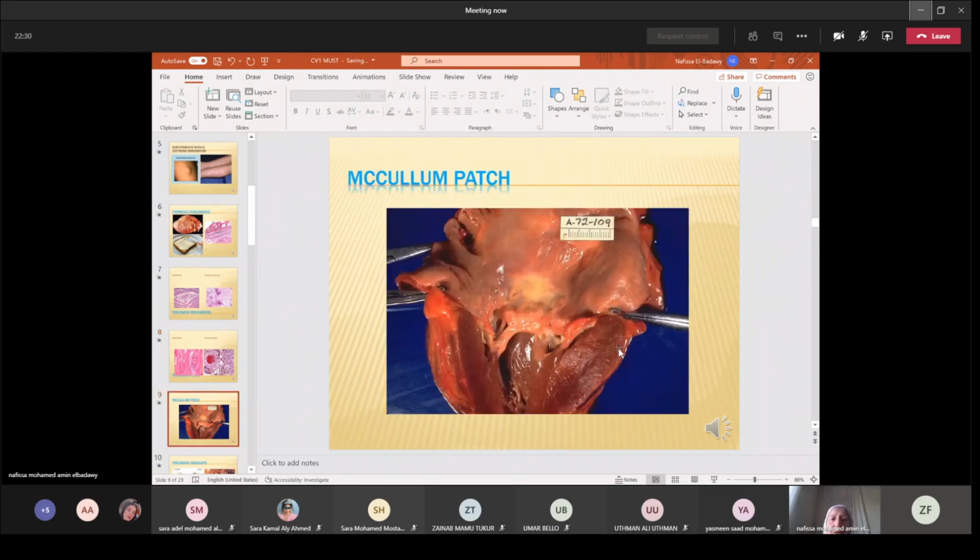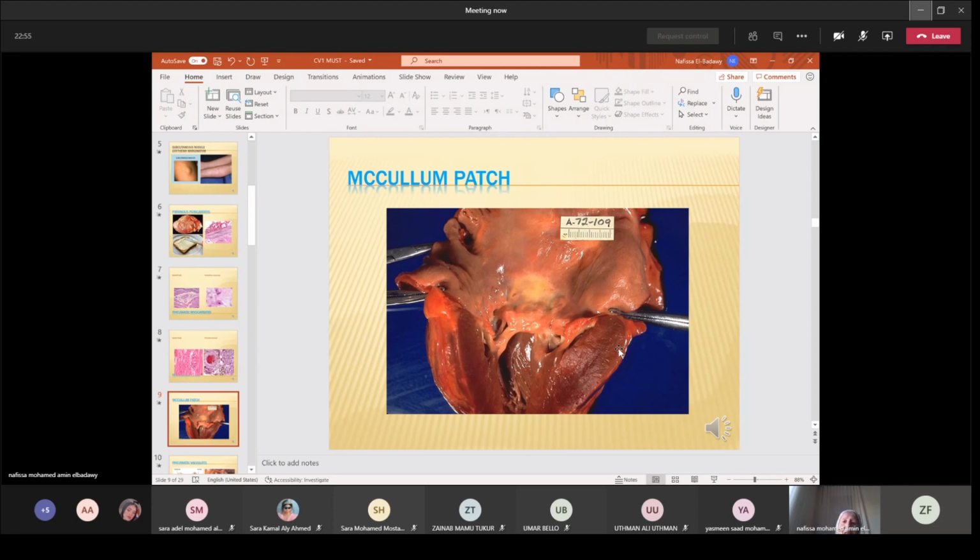Now we get to the endocardium, and as we know, the endocardium is composed of two components. The valves of the heart are part of the endocardium, and the endocardium covers the inside of the heart, covering the atrium and ventricle from the inside.